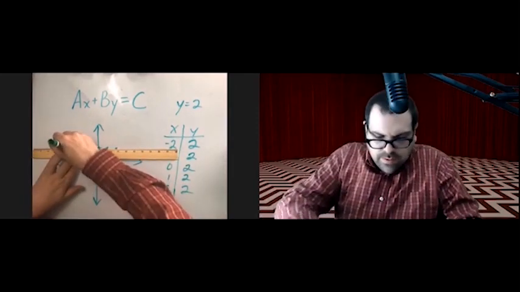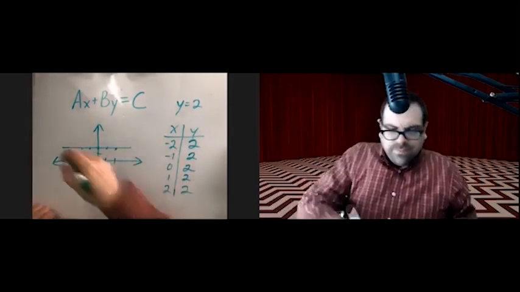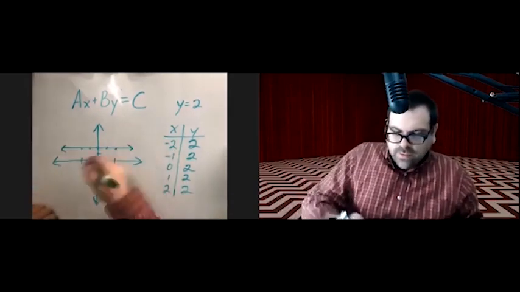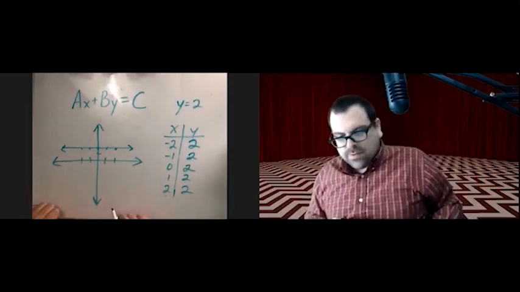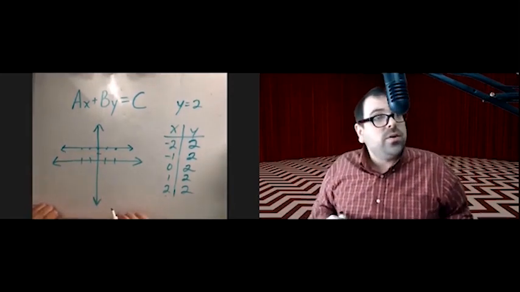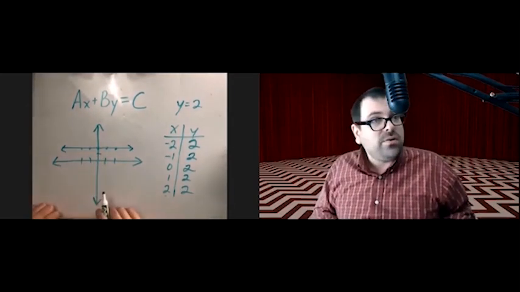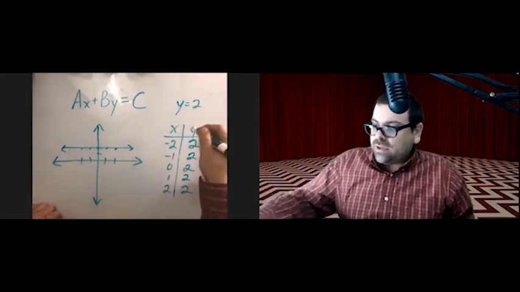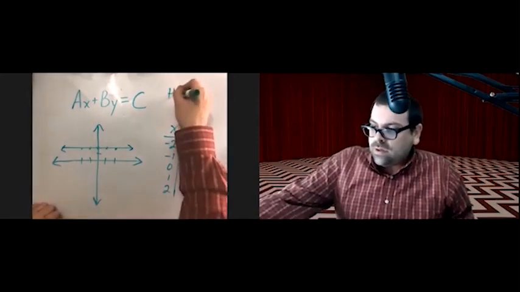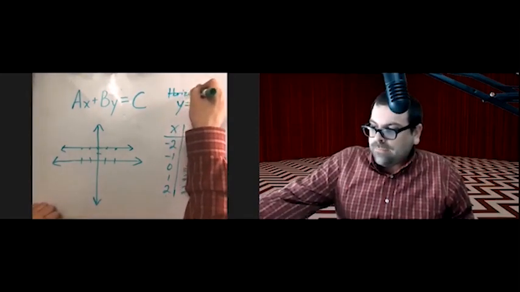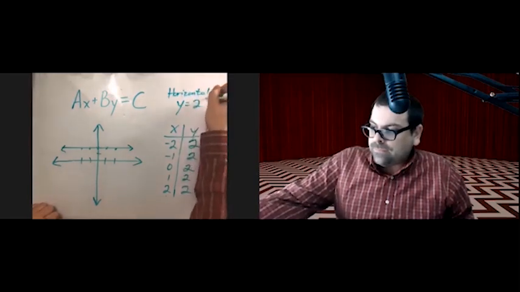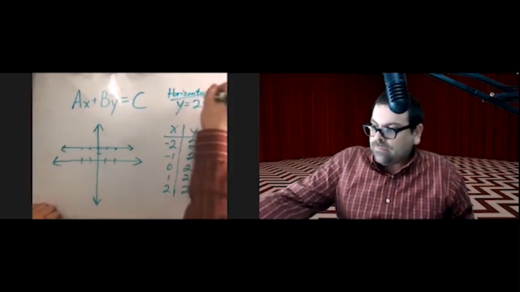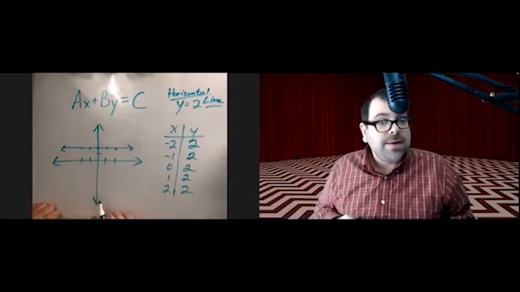It's a horizontal line that goes through a single y value. y equals 2. So y equals a number is a horizontal line.